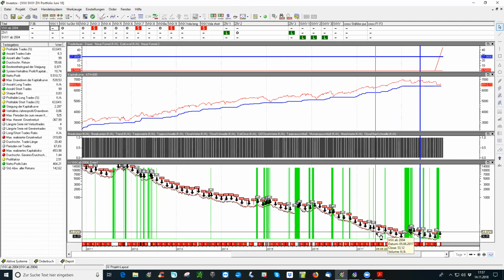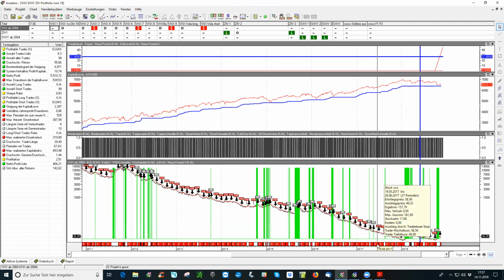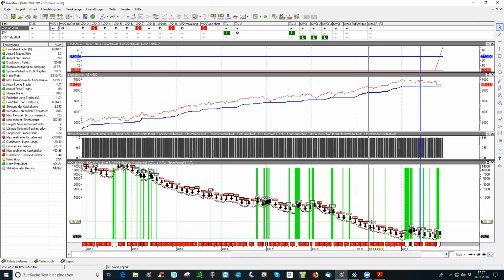It didn't close after the regular trade duration, but it has an exit by the VXX. And these were 99 trades. Profitable trades about 63%.